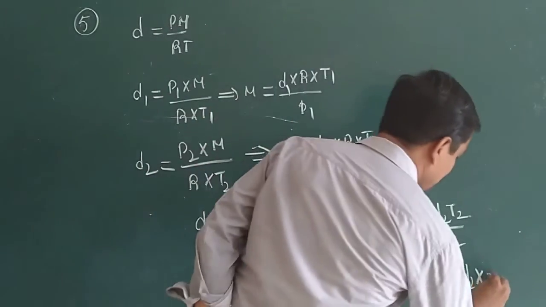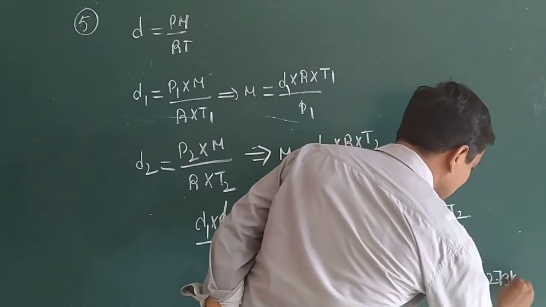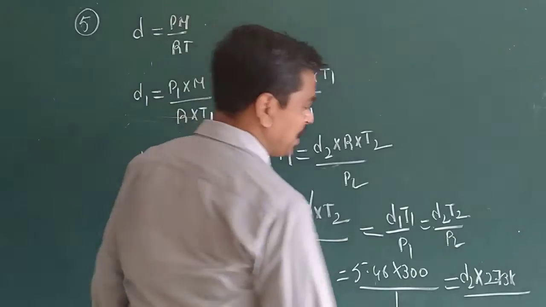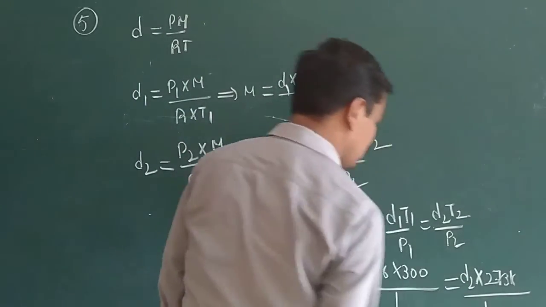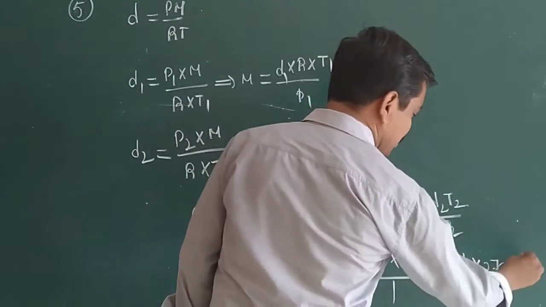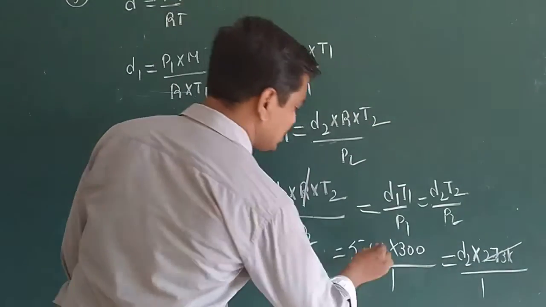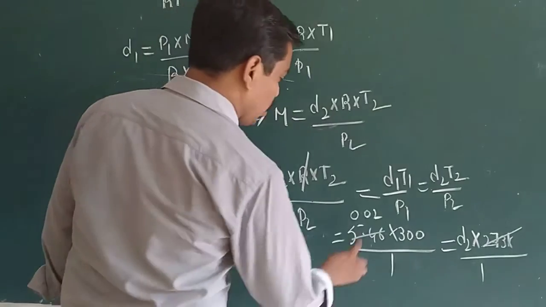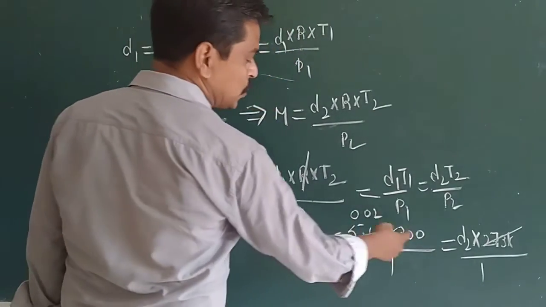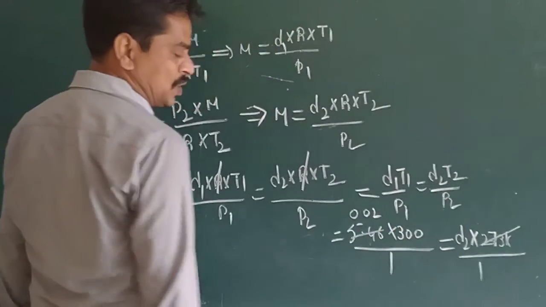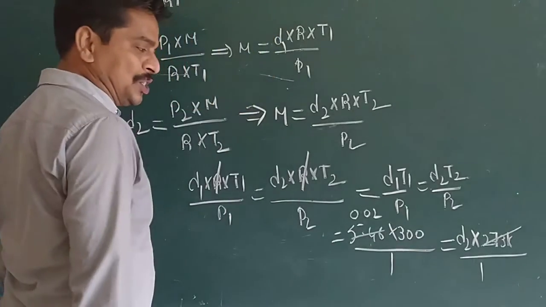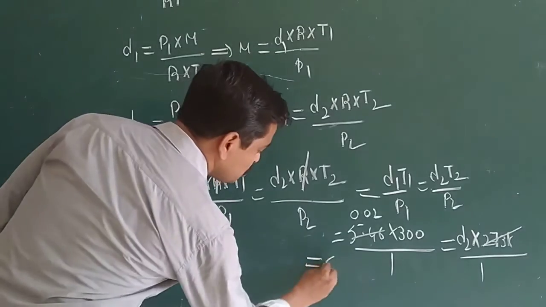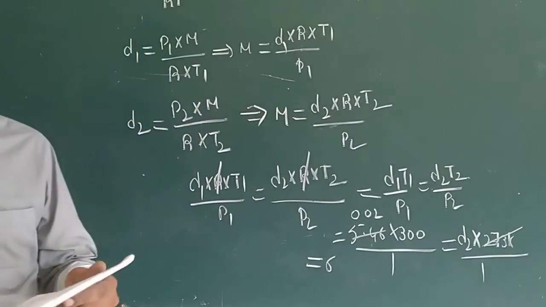Temperature at STP is 273 Kelvin, by P2, also 1 bar. So 2 into 10 power minus 2 into 300, that is 10 power minus 2 into 3 into 100, so 3 into 2 equals 6.